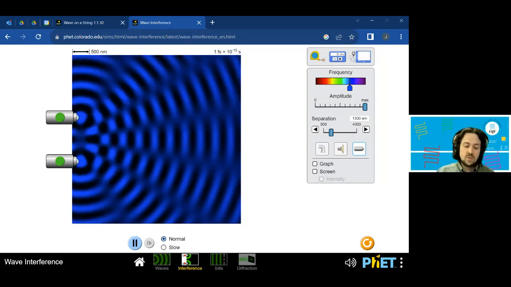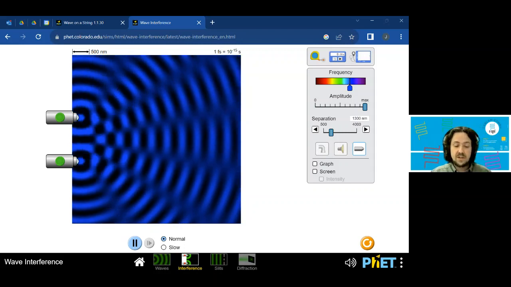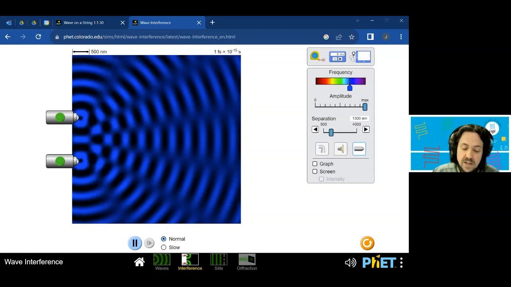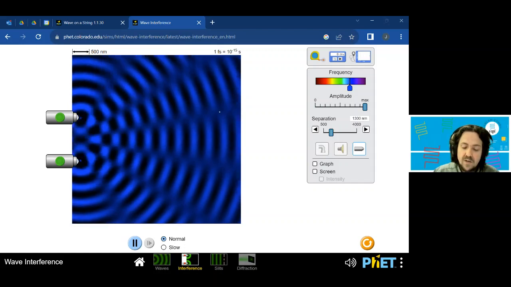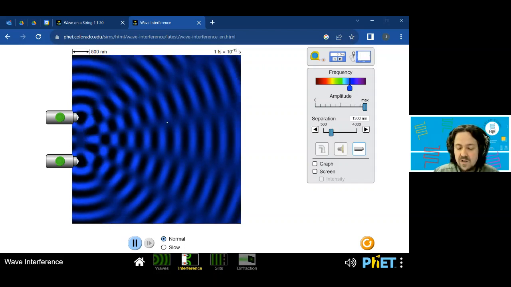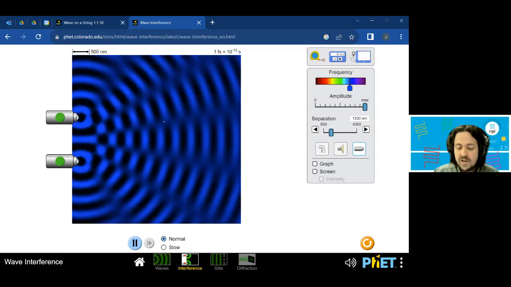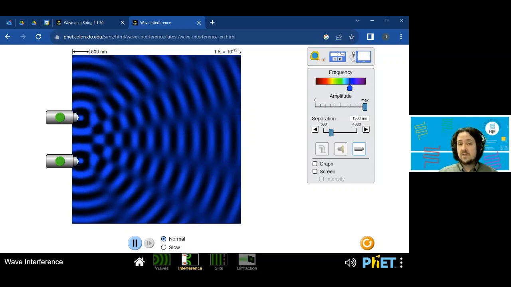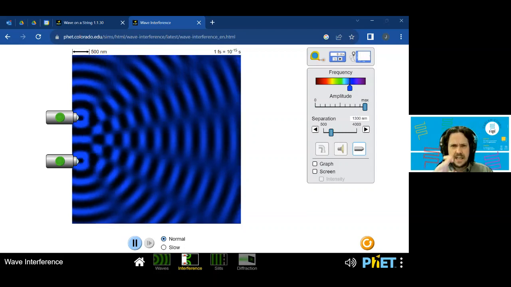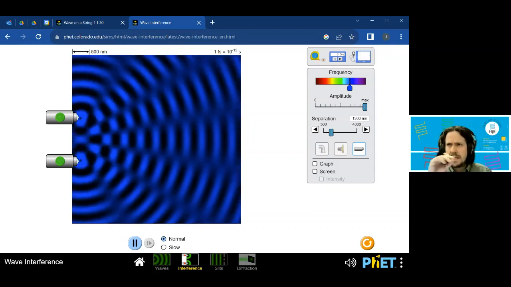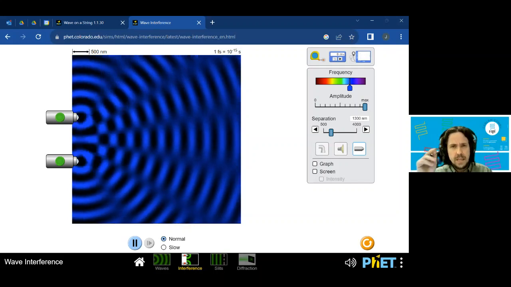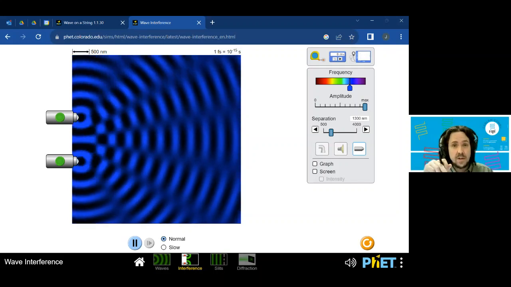Then there are regions where we have destructive interference, which you'll see as the lines where there is no wave. We'll discuss why that happens, but we've already made a start on that, because destructive interference is where the peak of one wave meets the trough of another.